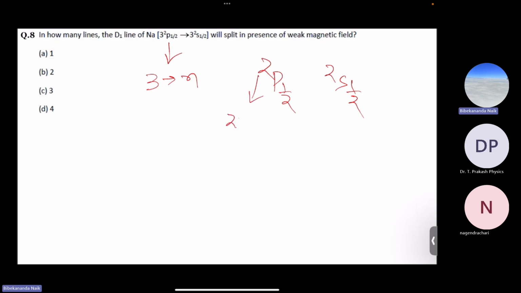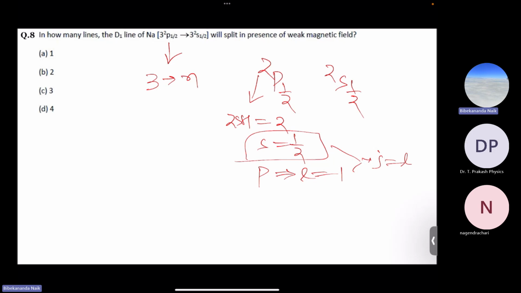This 2 means 2S plus 1, which is 2, S is equal to half. And here P means L equals 1. So the value of the total angular momentum J is L plus S and L minus S.